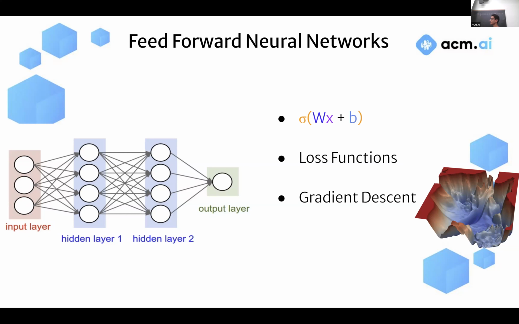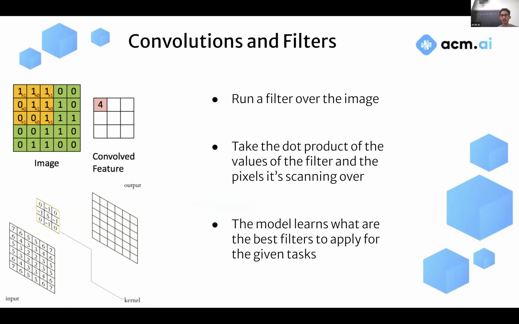Using this loss function, we can take the derivative to find the gradient of our model parameters. That tells you how we should adjust all our model parameters, all the weights and biases, with little tiny changes so that we can improve the model on the next round of feeding forward the next round of data. That's the process of gradient descent, and that's basically what we covered for FFNNs last time.